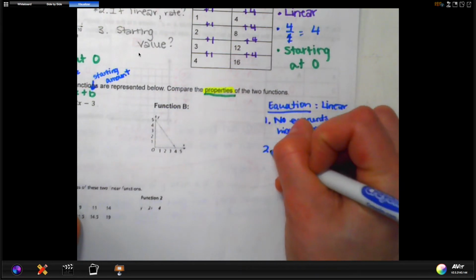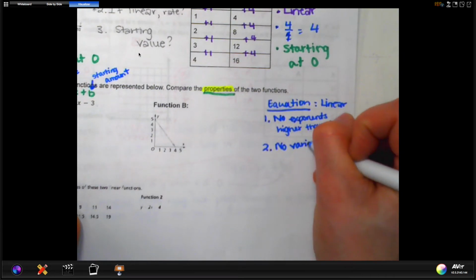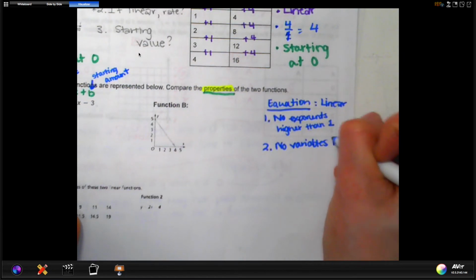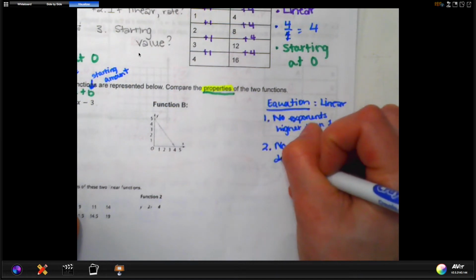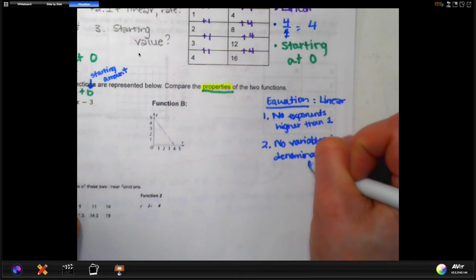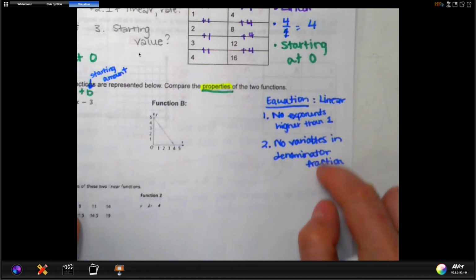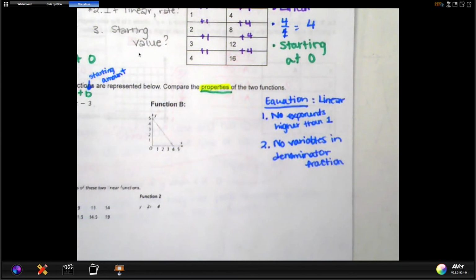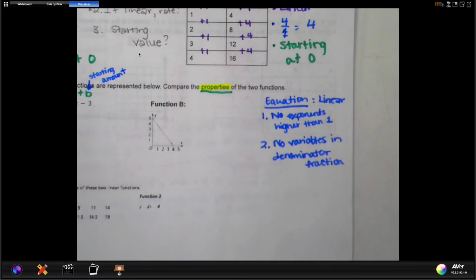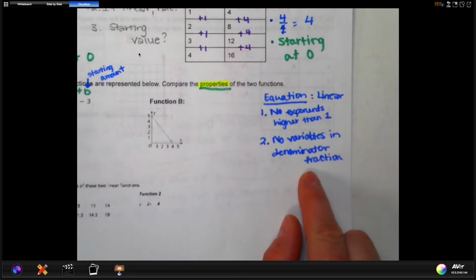And also, we can have no variables in the denominator of a fraction. Okay, so anytime that you have either of these two things, it's automatically nonlinear. So no exponents higher than 1, no variables in a denominator of a fraction.